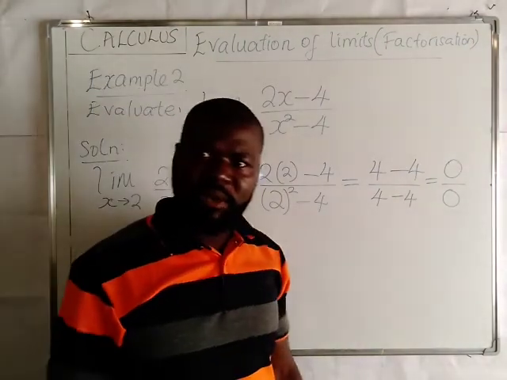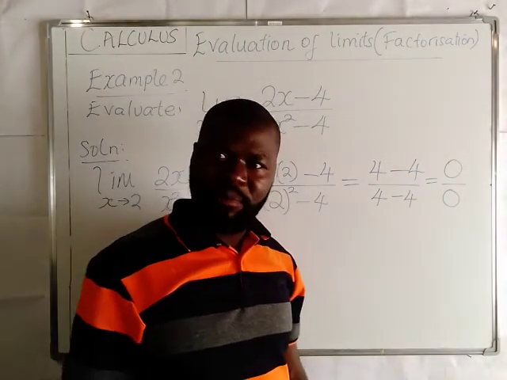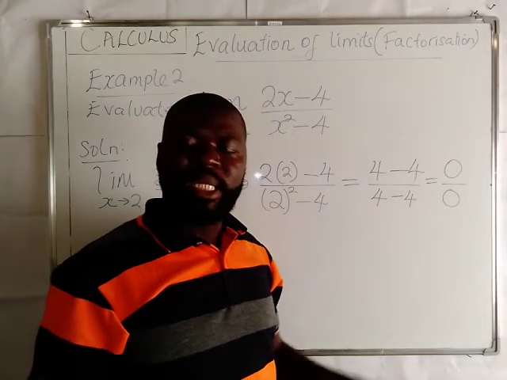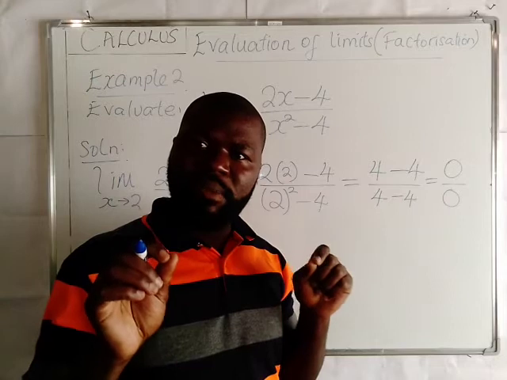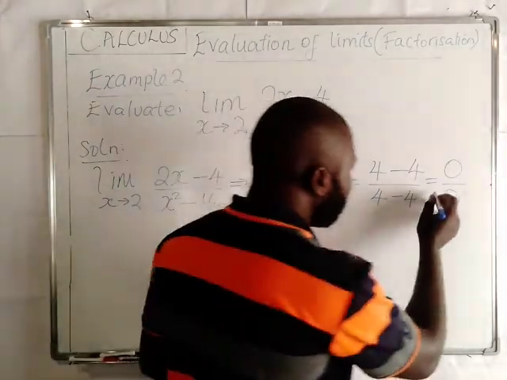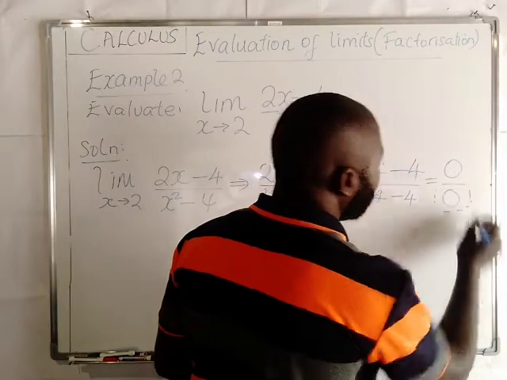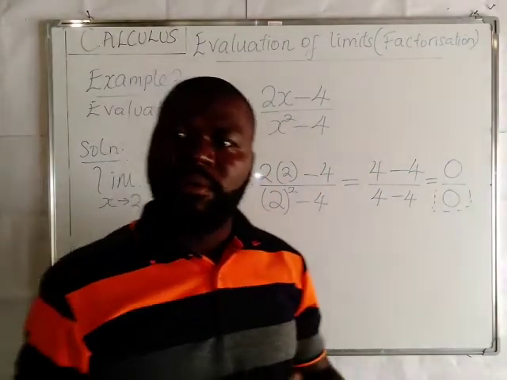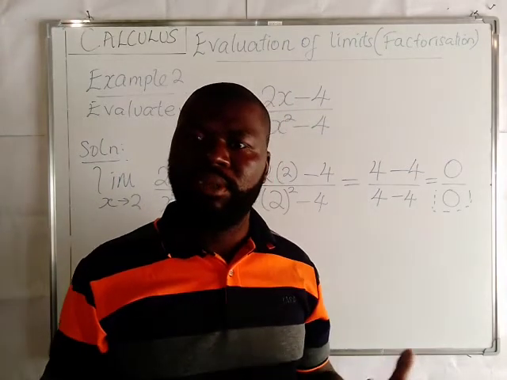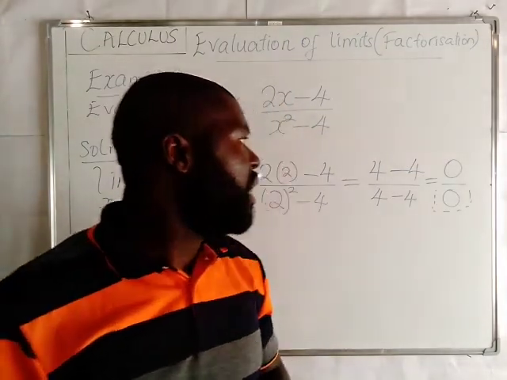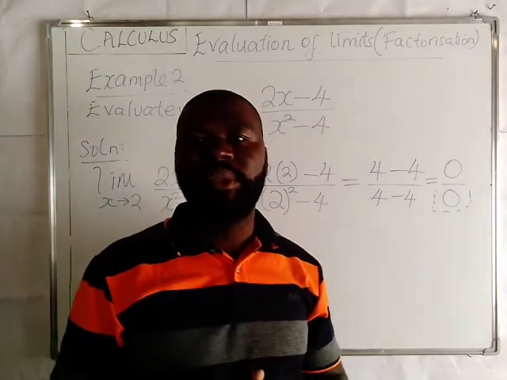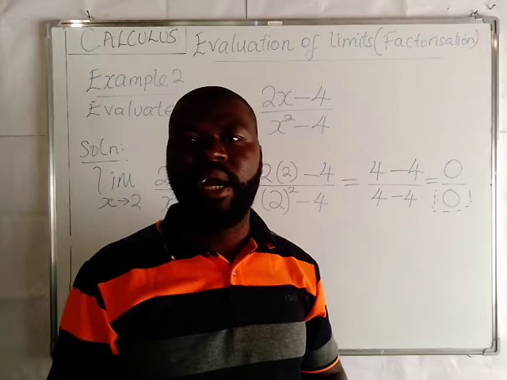Now, when you analyze the answer that we have gotten, there is a problem. Division by 0 in mathematics is not allowed. Because we have a 0 on our denominator, we can't use the direct substitution method to work that question out.